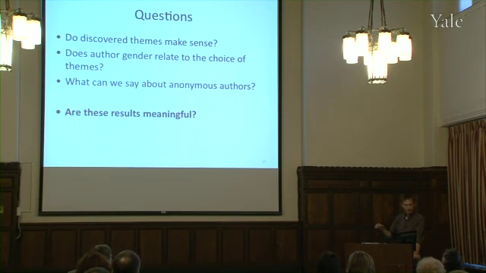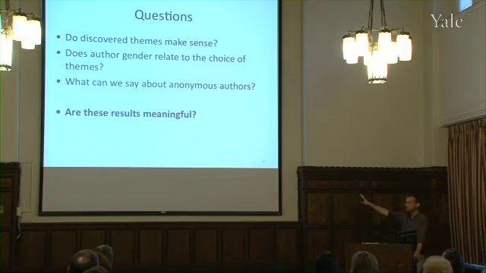Another possibility is that there is no difference. They're just randomly people who don't want to publish under their names. Another possibility is that they are people who are writing about things that they do not feel comfortable about and are deliberately withholding their names, not because of who they are, but because of what they're writing. So that's a hypothesis that we want to test.